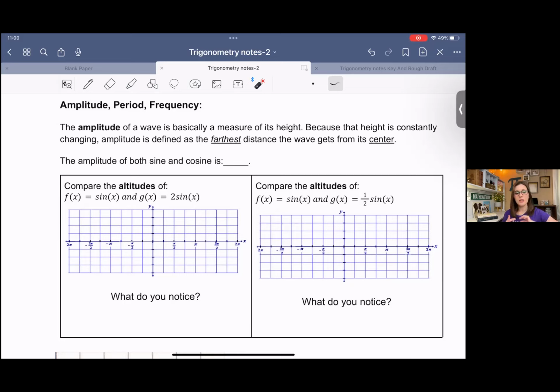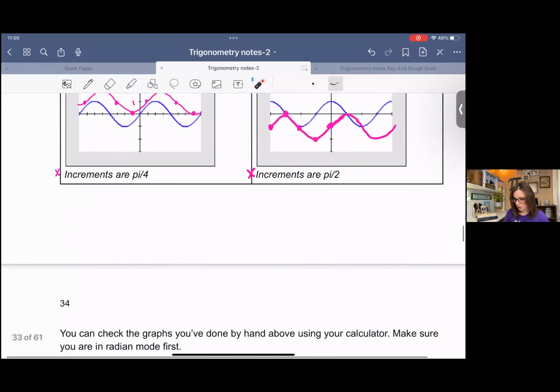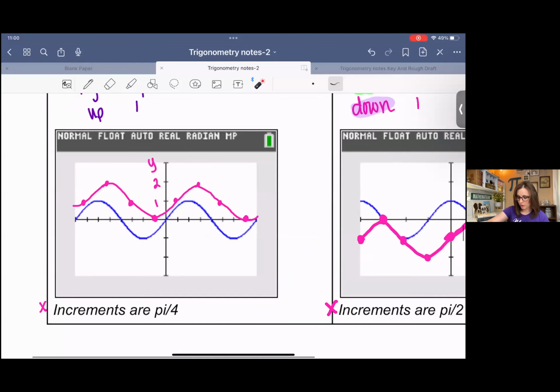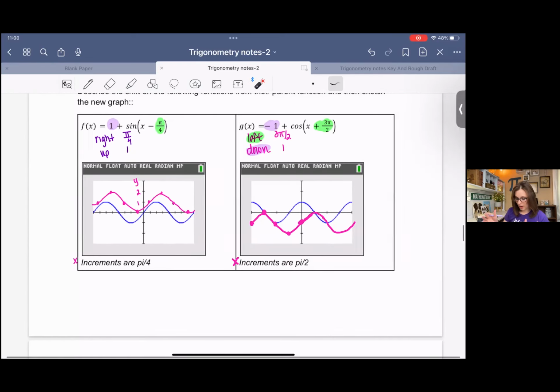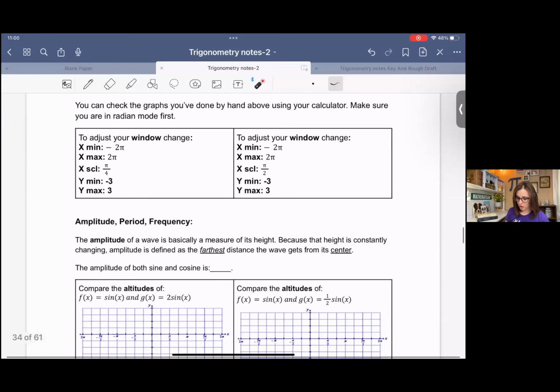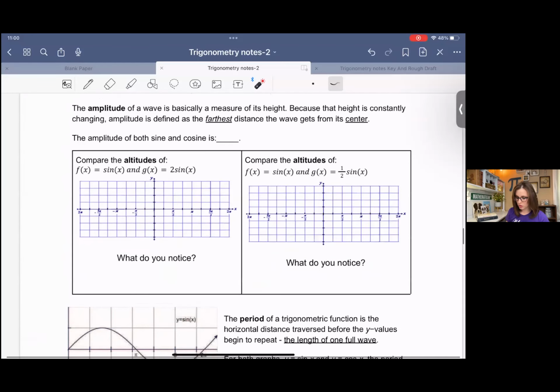Because that height is constantly changing, amplitude is defined as the farthest distance the wave gets from the center of the wave. So here, the parent function of sine, this is the center, and it has a height of 1.